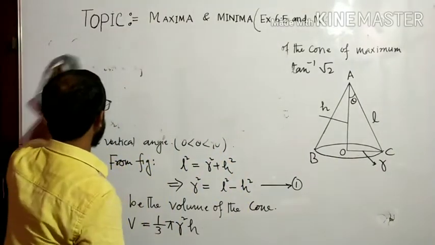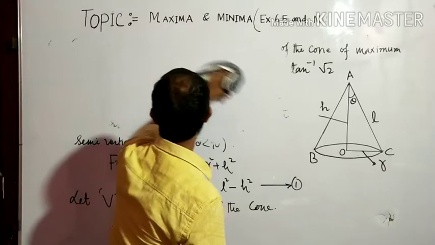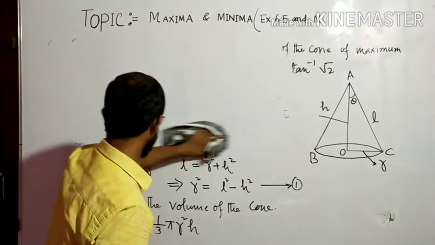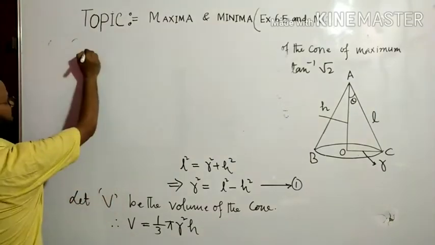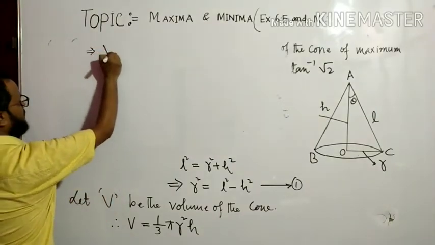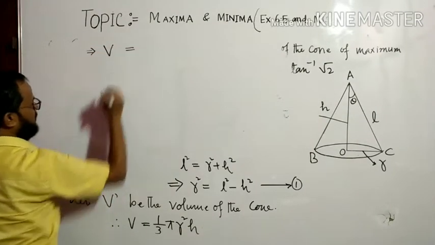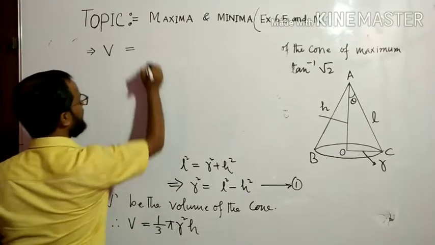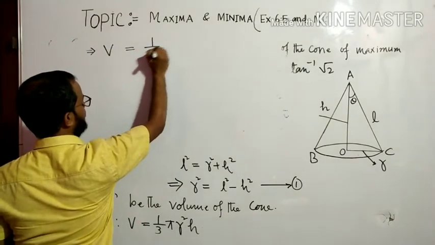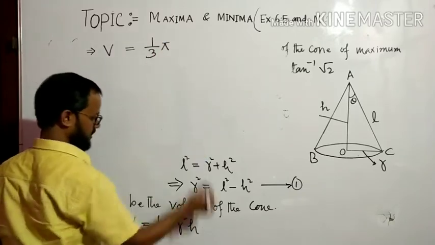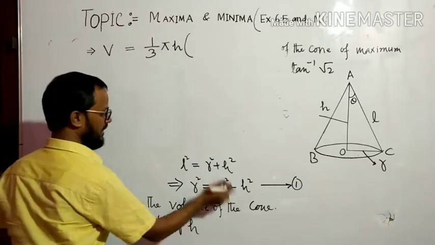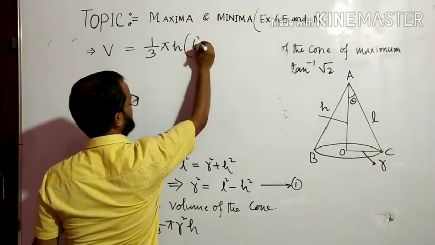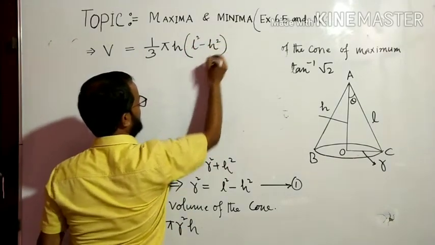So replacing r square from relation number 1, therefore V equal to 1 by 3 pi h, and r square is replaced by L square minus h square.